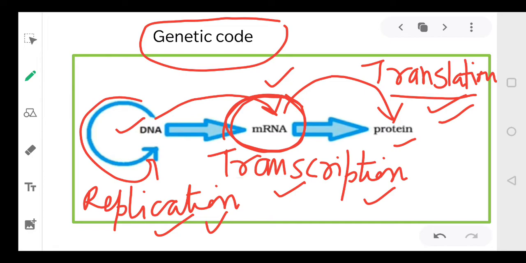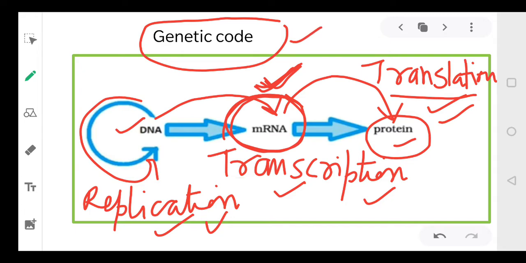Like, if we start a topic, you will have your books, from which you will be reading or checking, and in the notebook you will be writing. So we need to understand where this information is written in mRNA, how it is written, and how it will be used to form the proteins.